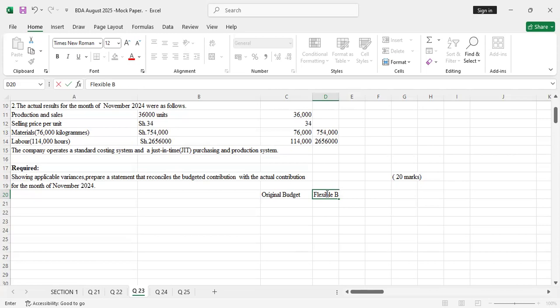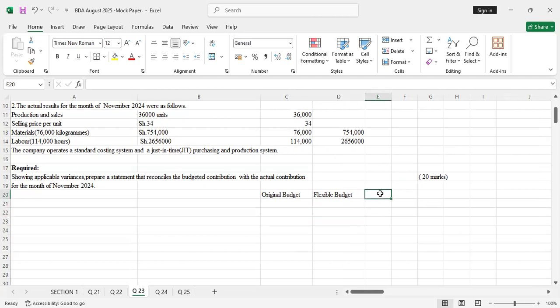Let me increase the size of this column. Then we'll have the actual. You have to prepare the statement of profit or loss before you can reconcile, so we'll have that as the actual budget.